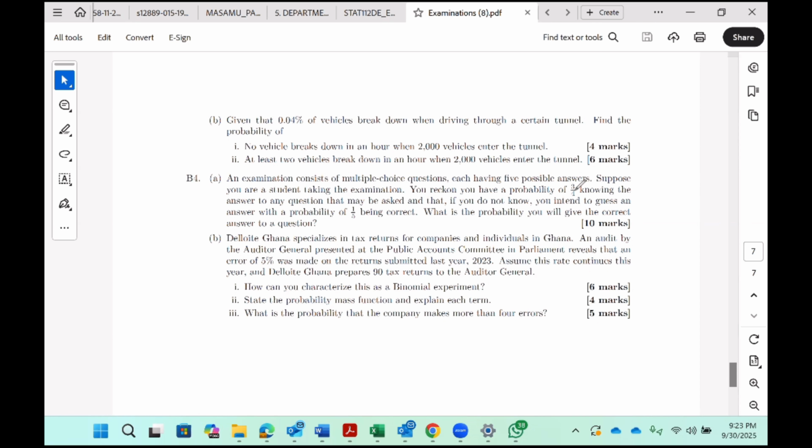So you have this that you will get, and what you will not know, you get to be 1/4 times 1/5. So that will give you the probability of giving the correct answer to that. So it will be equal to 3/4 plus 1/4 times 1/5.